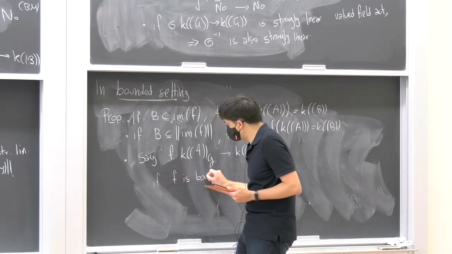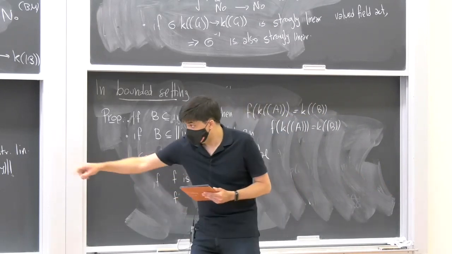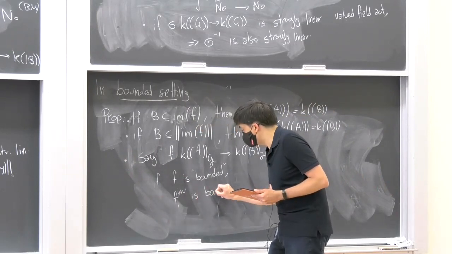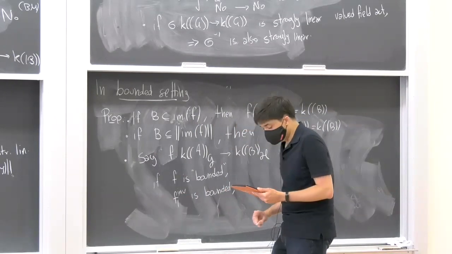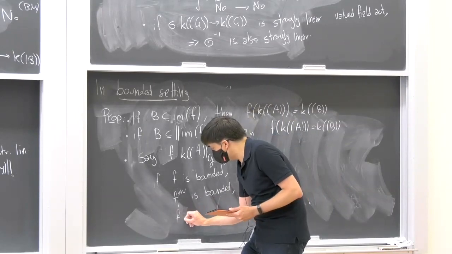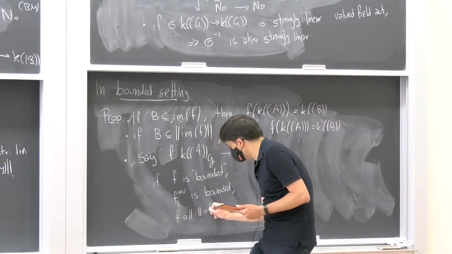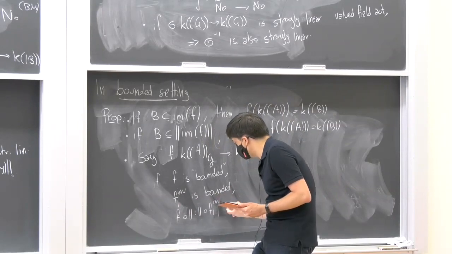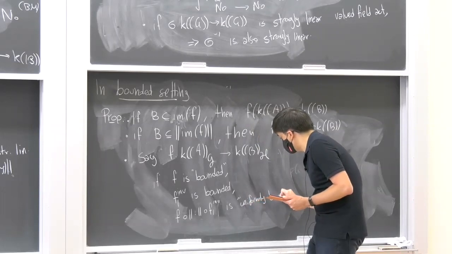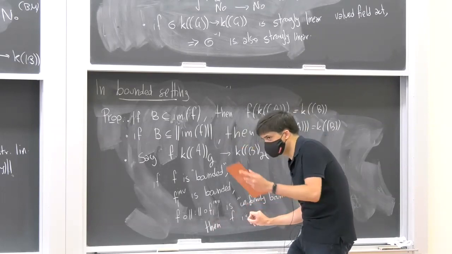If F is bounded, and the F inverse restricted to this complement is bounded, and then there's the complicated one, F composed with F inverse is something we call uniformly bounded. Then F is surjective. I'm going to stop, I promise.